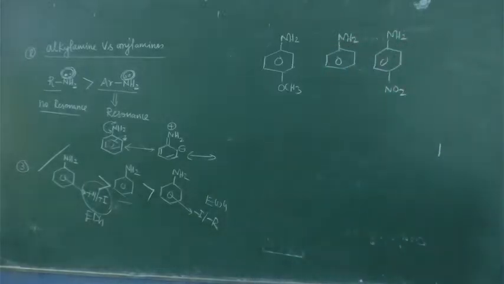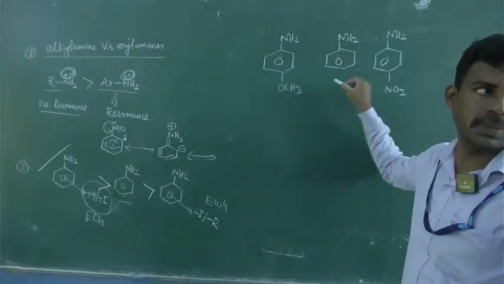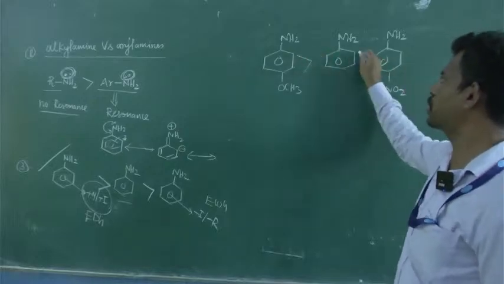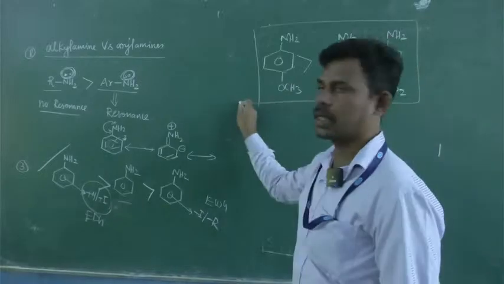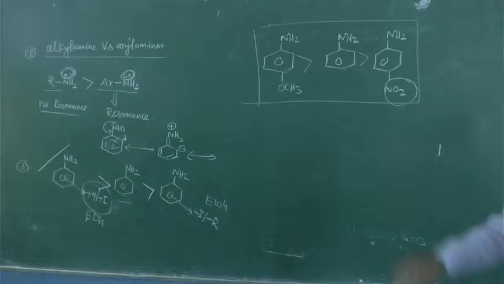Among these, which one is more basic? The electron donating group one, simple aniline, or the electron withdrawing group one? This is going to be more basic. This is going to be less basic because it contains an electron withdrawing group.